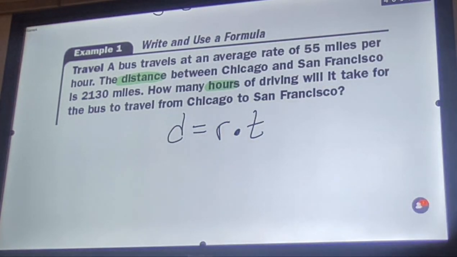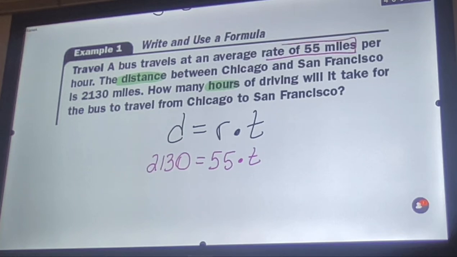So Chloe, after you know what formula to use, what would you do next? Yeah, what would you plug in? Good. And then we don't know T because how long does it take? So I know how fast we're going.